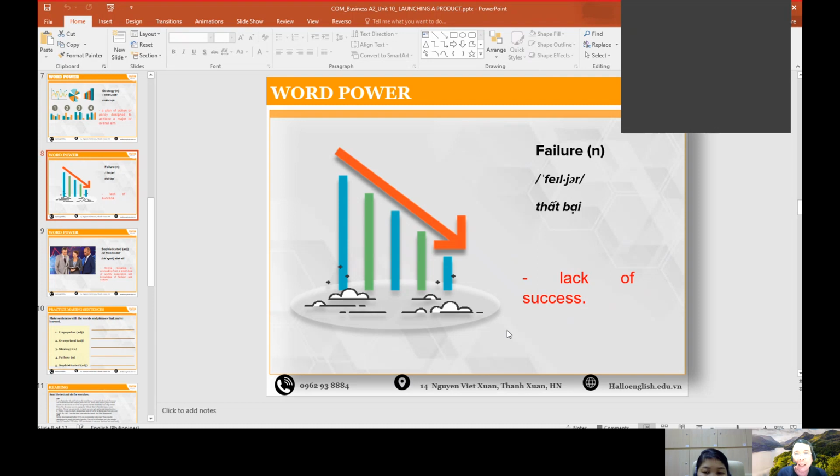Meaning you have to expect that in an advertisement, not all advertisements are successful. So we have to take note also that there are advertisements in launching a product that have failure in them. That means it wasn't that successful in the market because no one buys that one.